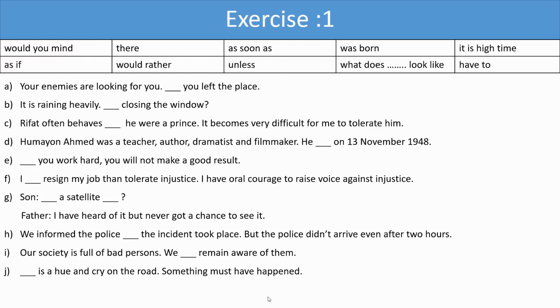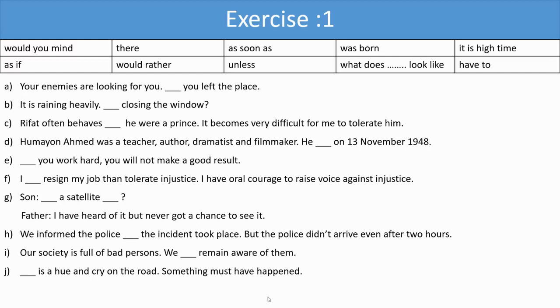It is raining heavily. Would you mind closing the window? Number C, Rifat often behaves as if he were a prince. It becomes very difficult for me to tolerate him.